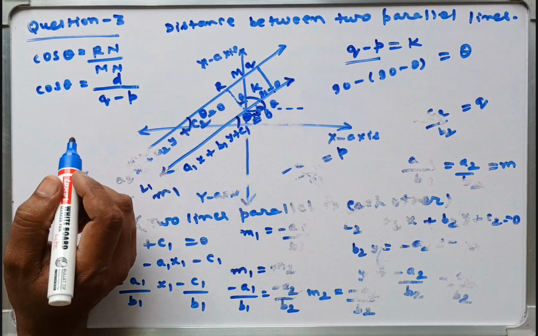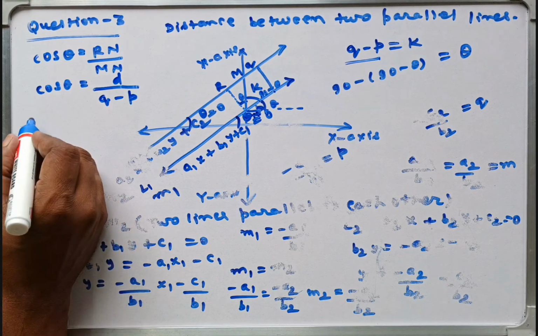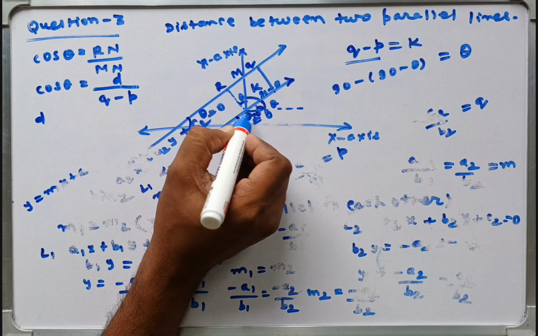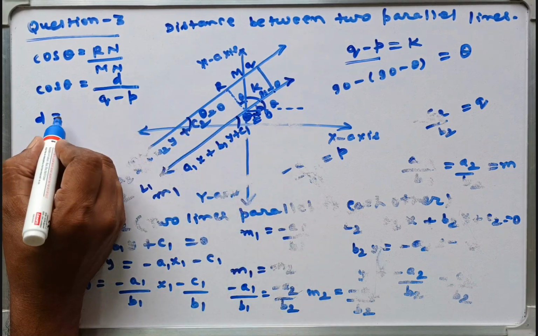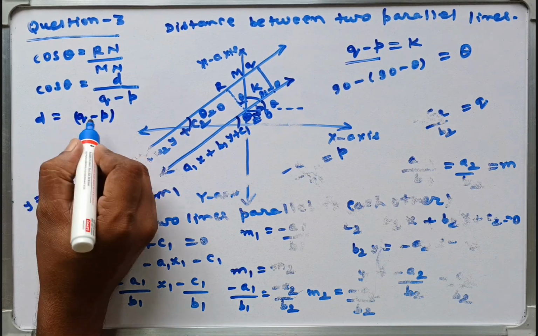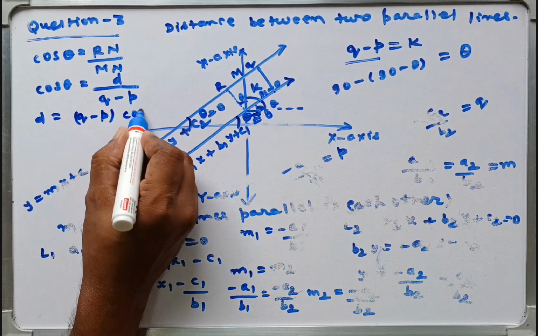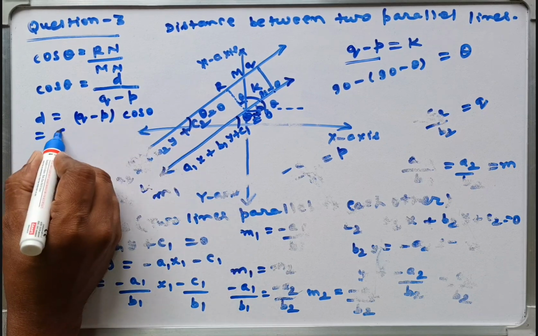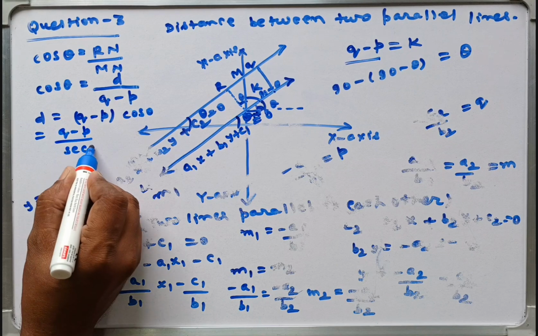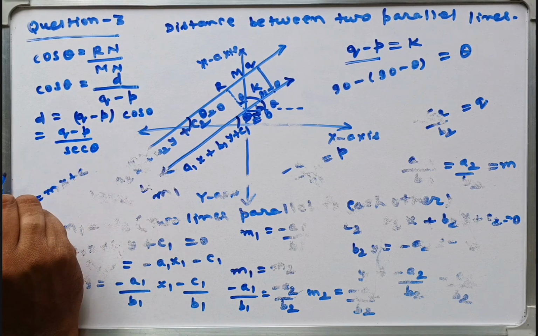So what you can write here, d, which is the distance between these two parallel lines, equals q minus p times cos theta, or you can also write q minus p divided by sec theta.